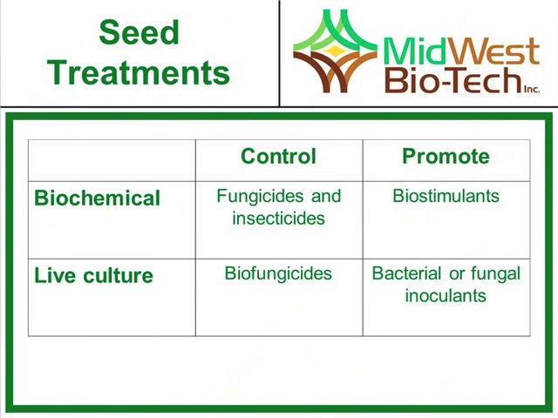On the beneficial or promotion side, people are probably much more familiar with bacterial or fungal inoculants. That's where we actually put live bacteria on the seed, and typically it's in legume crops where you're putting on a particular strain of bacteria for the particular crop you're trying to raise.